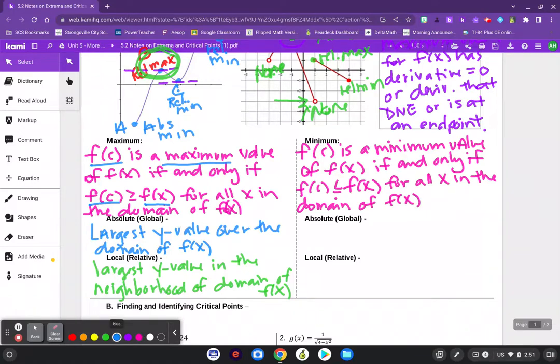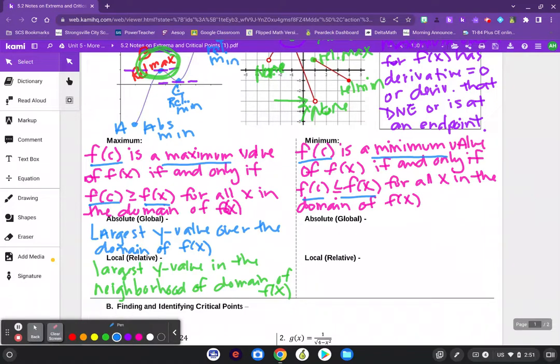Again, what that means is that if this output at c is smaller than every other y value, then that output is a minimum. Okay, seems reasonable.